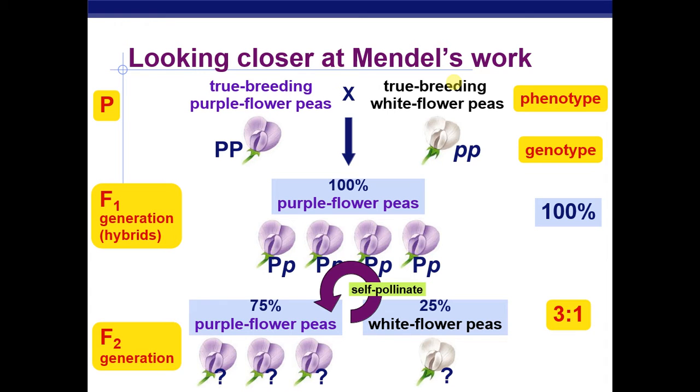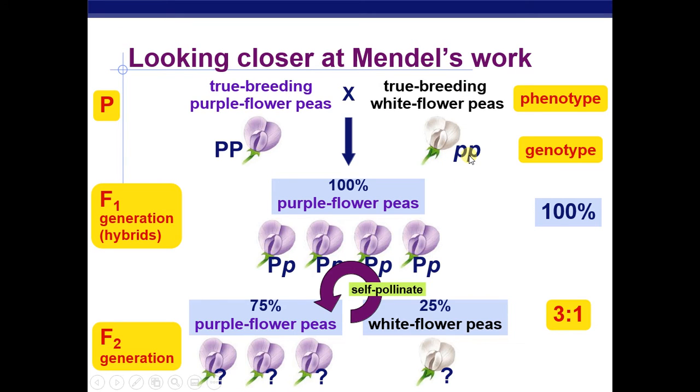All right? We could say that their genotype, the true breeding purple flower, would have two dominant P's because it's true breeding, meaning always producing offspring that look like itself. That's why it has two dominant P's. And the true breeding white flower has two recessive P's.